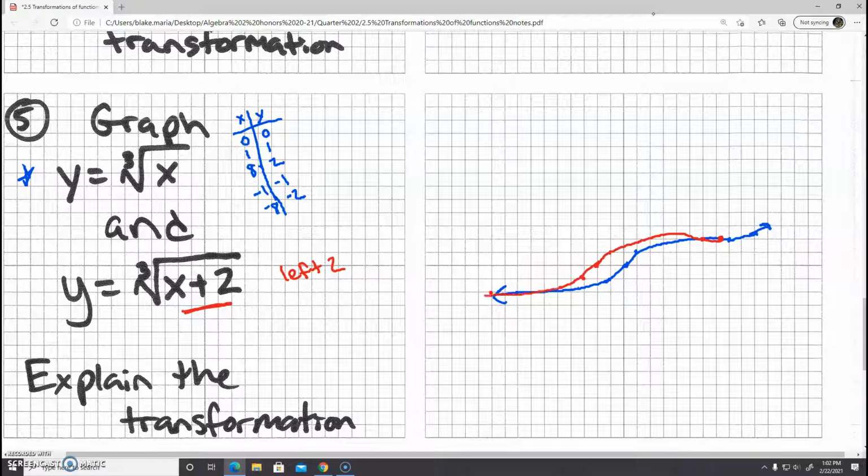I'm so sorry. I'm sorry, that is messed up, but you get the gist. It should look like this. Don't judge my drawings. But yeah, so you should be moving it to the left to that S curve.